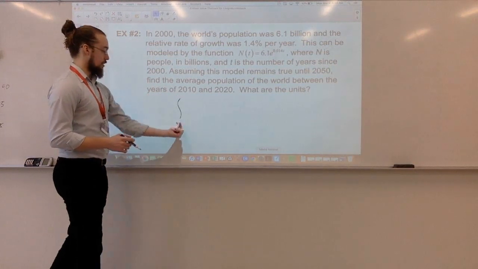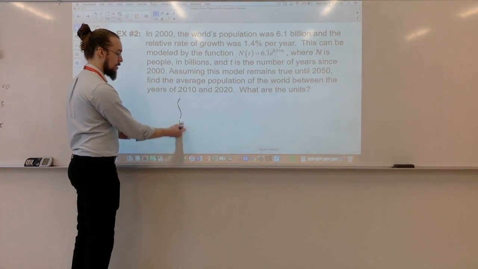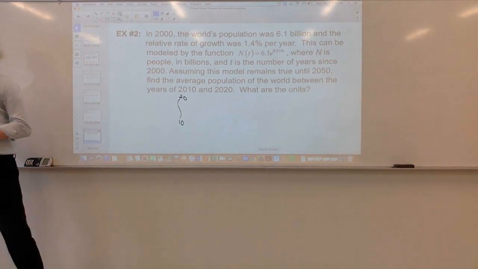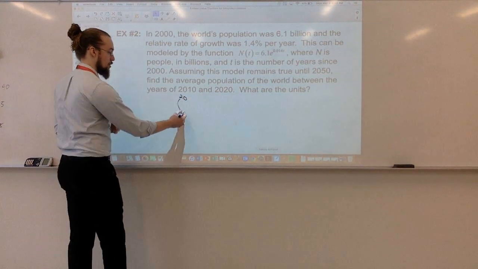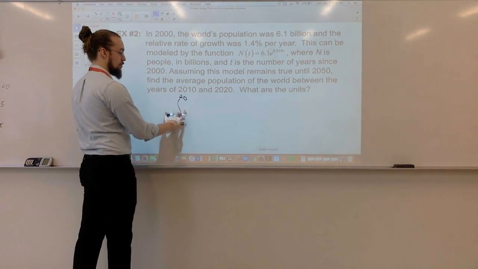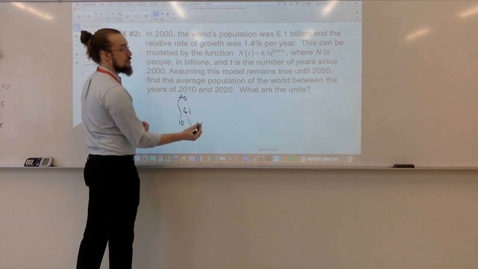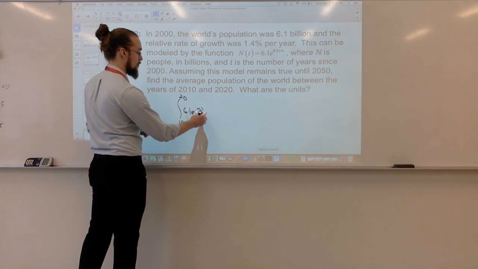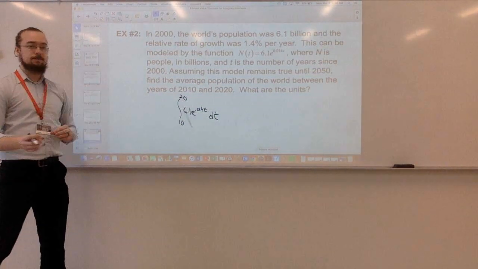So my bounds are going to be 10 to 20. And I'm integrating this function, right? So 6.1 times e to the 0.014 t power dt.